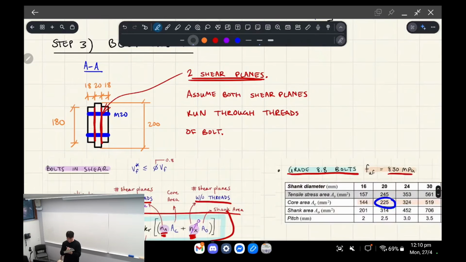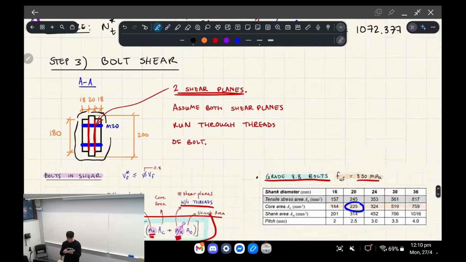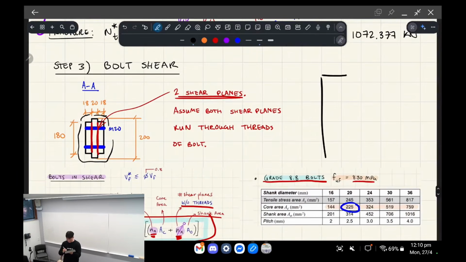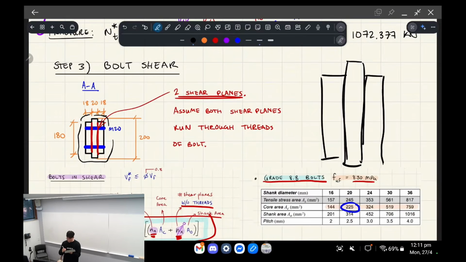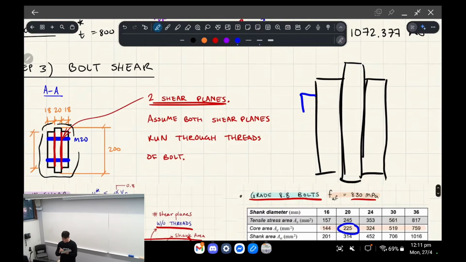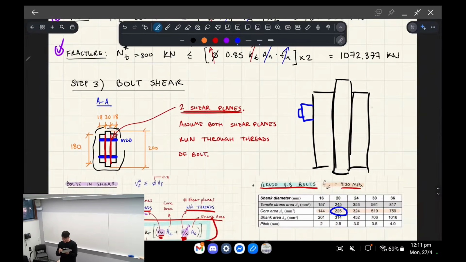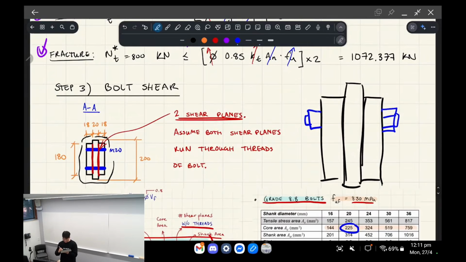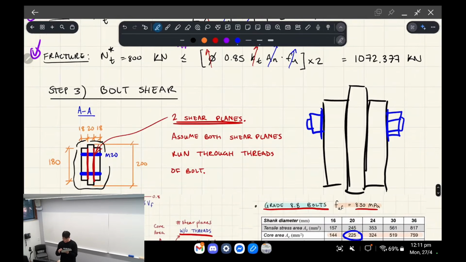So if I were to draw this detail and enhance it, let's just draw it bigger, because I'm going to draw the bolts themselves. So the bolts might look like this. And then here might be the nut that ties it together, and you might have washers. The idea is, this is the core and the threads.